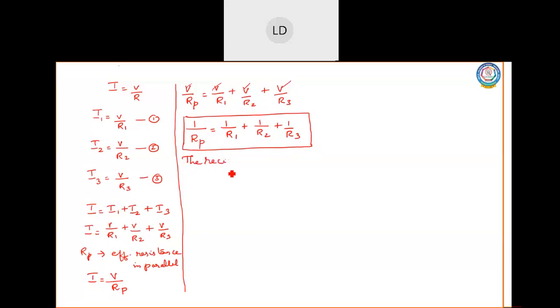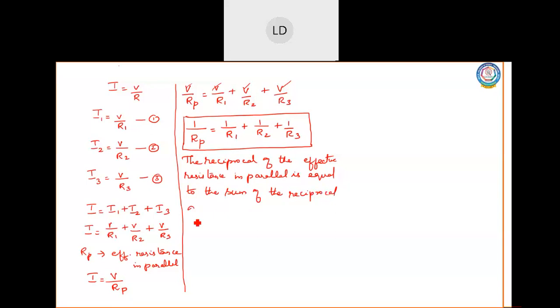So the reciprocal of the effective resistance in parallel is equal to the sum of the reciprocals of the individual resistors. Is it clear, children?